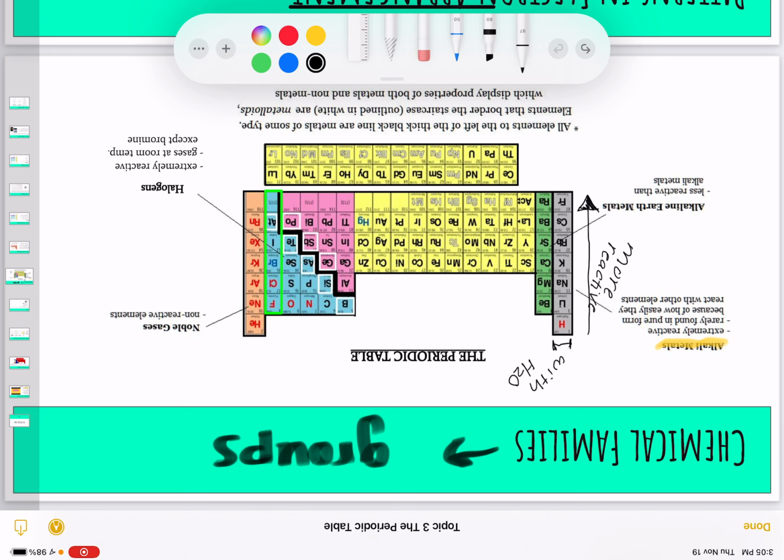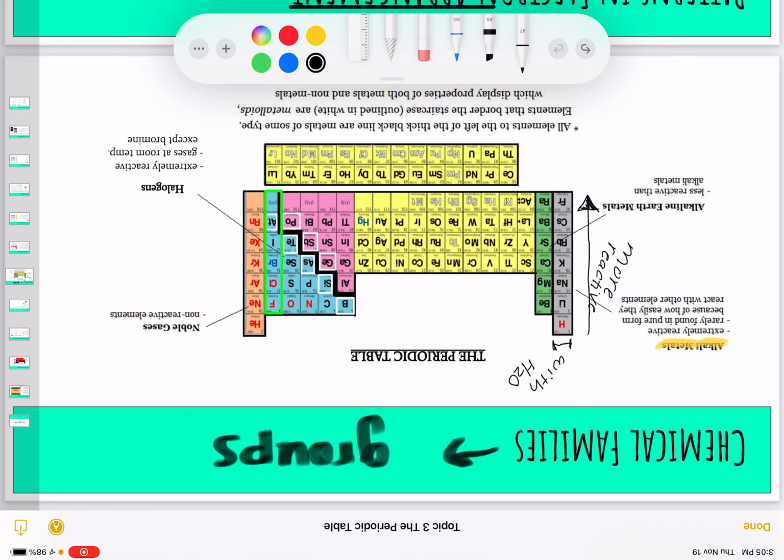So if we throw any of these pure ones in water, they're going to react. And I'll post a video of that. I just got to make a note of that or I'll forget.